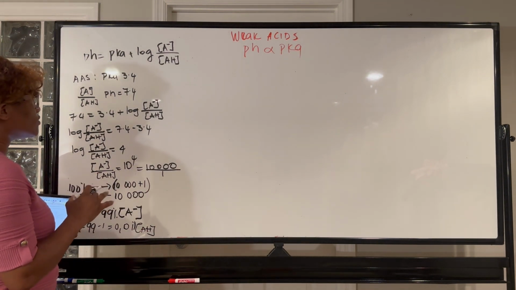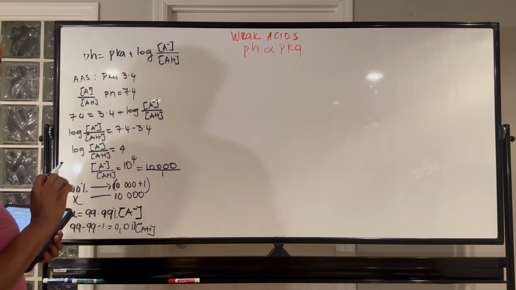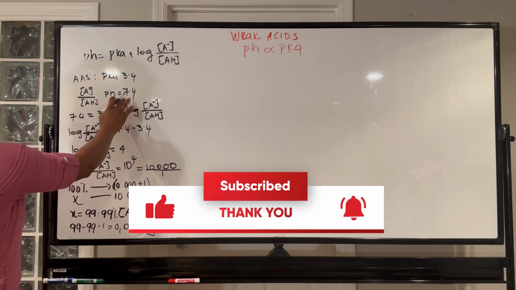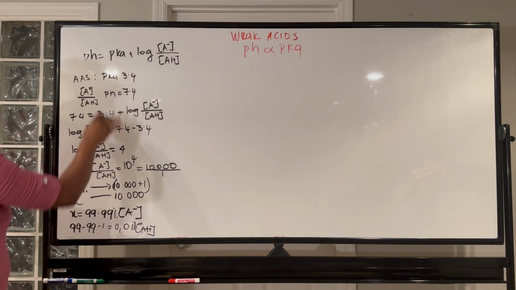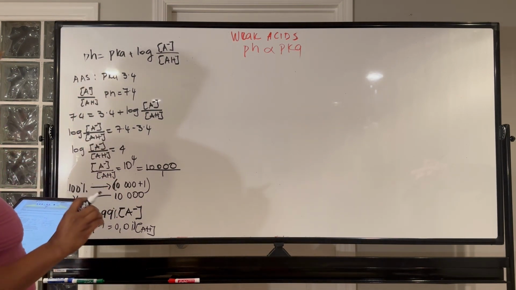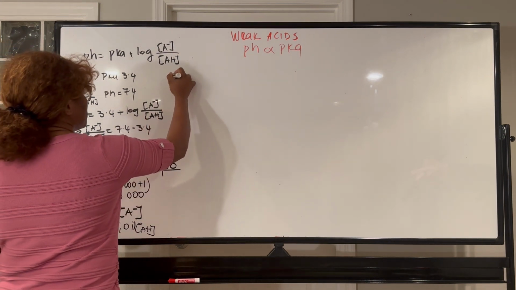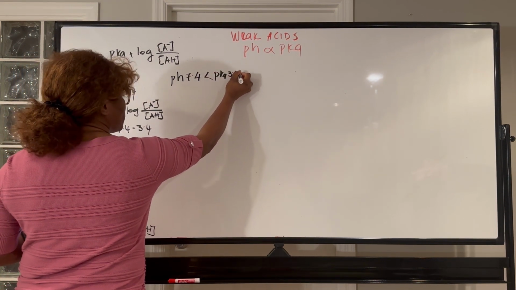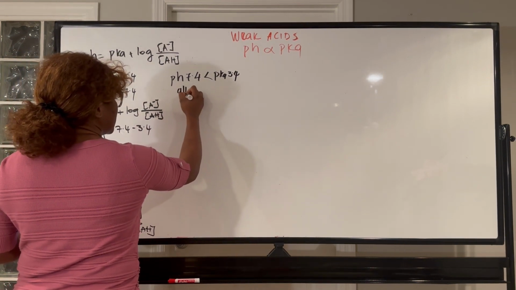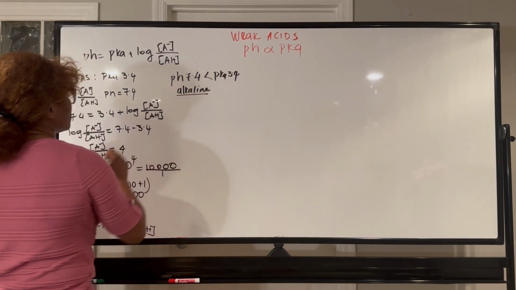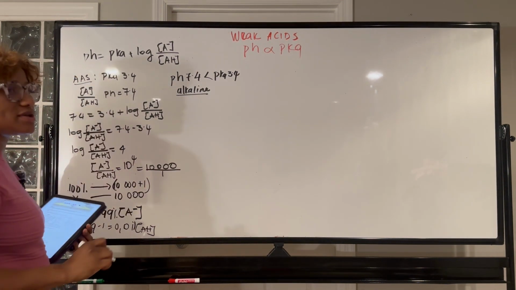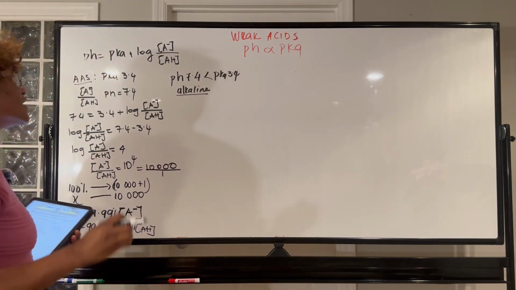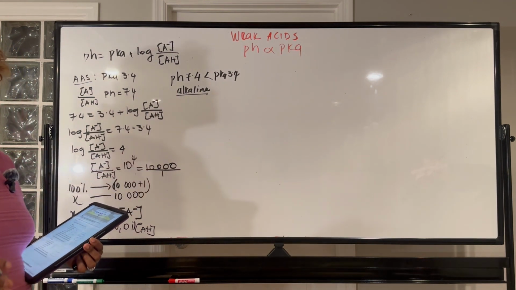Now if you look at the problem, if we were only asked whether aspirin will be more ionized or non-ionized at a pH of 7.4, we wouldn't have gone through the whole math. It was actually going to be easy, because the pH of 7.4 is greater than the pKa of aspirin, 3.4. That means I am in an alkaline environment. Because I have a weak acid, aspirin, and I know that acids work better in an acidic environment, in my alkaline environment my acid is not going to work better.